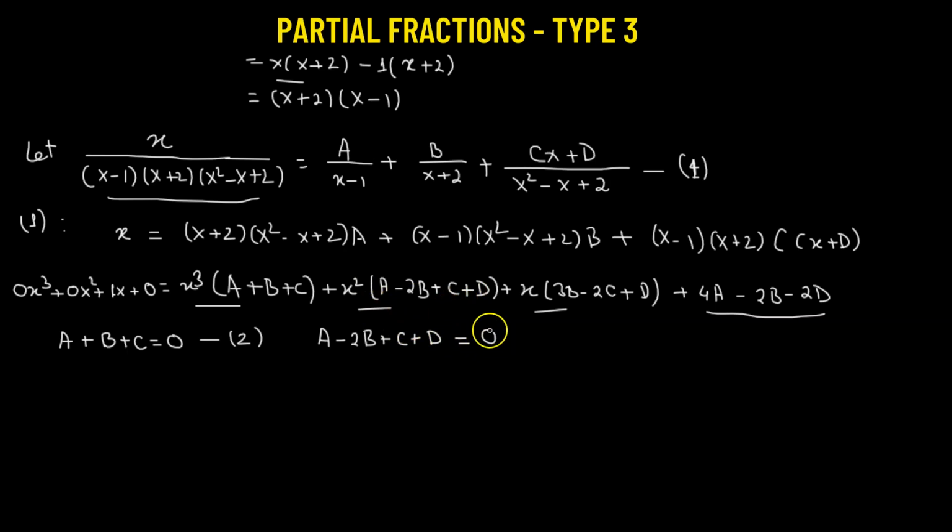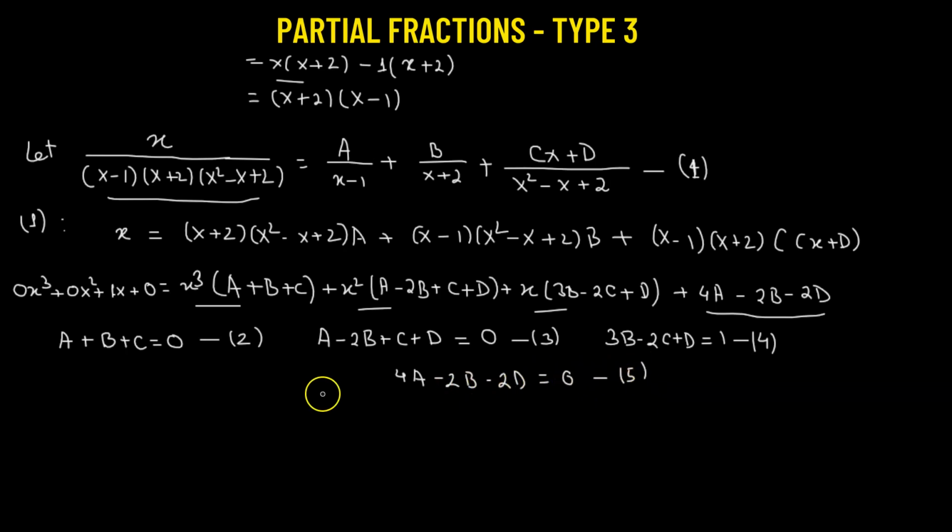So this will be equals to 0, which will be equation number 3. And then we have 3b minus 2c plus d equals to 1. So let this be equation number 4. And then we have 4a minus 2b minus 2d, so this will be equals to 0. So let this be equation number 5.